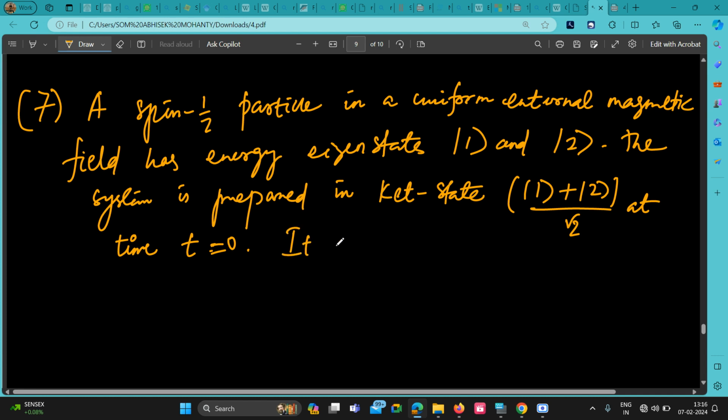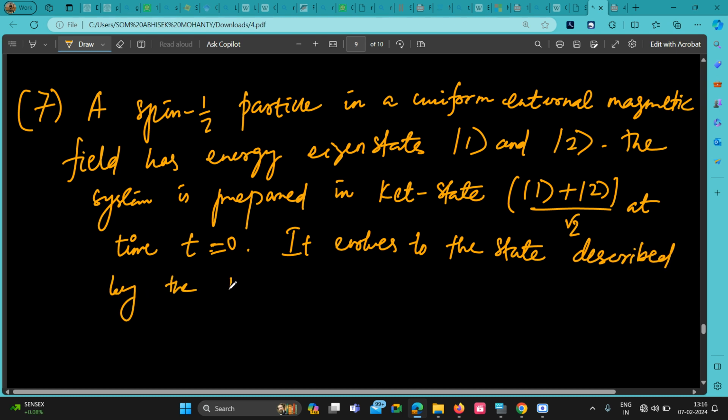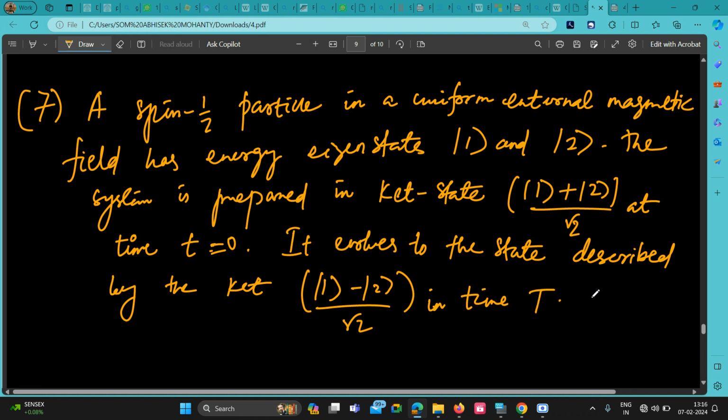It evolves to the state described by the ket (|1⟩ − |2⟩)/√2 in time t, capital T.